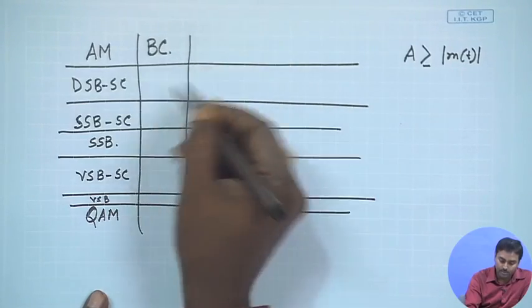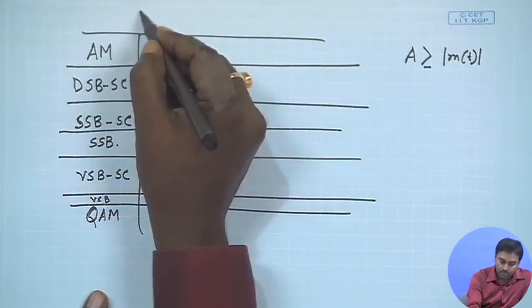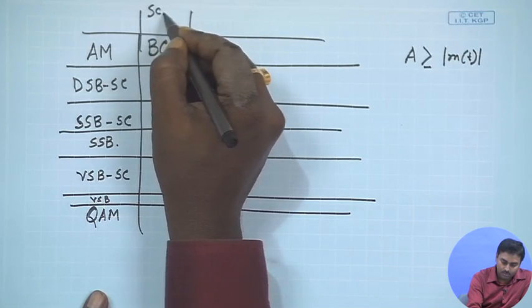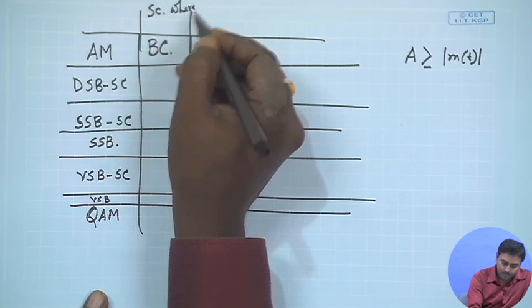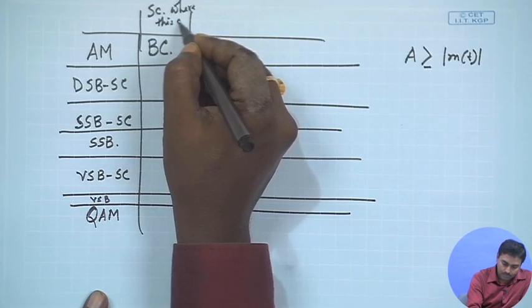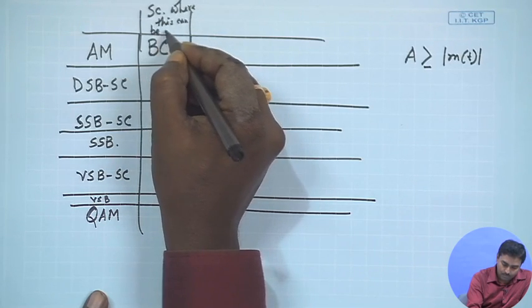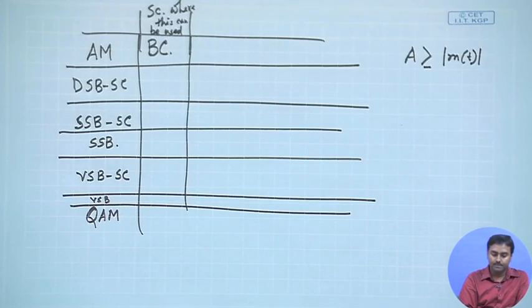So, that is something we have already seen. But of course, because we had to add that carrier, this will not be that power efficient. This is the scenario where this can be used. Right.